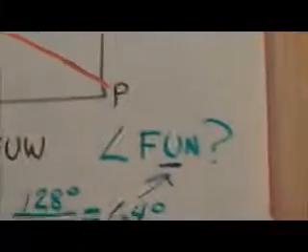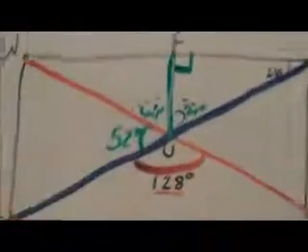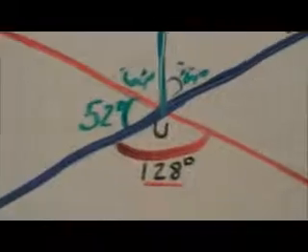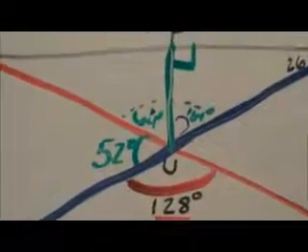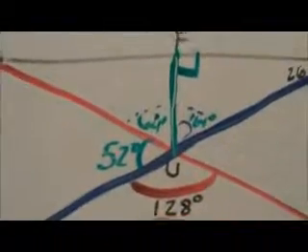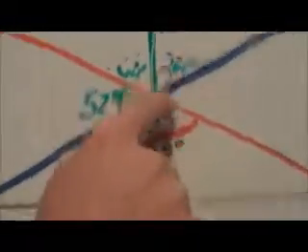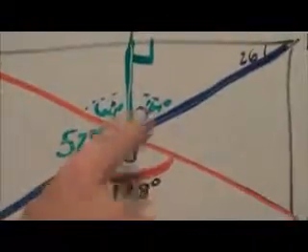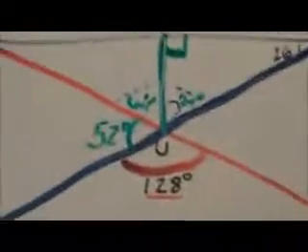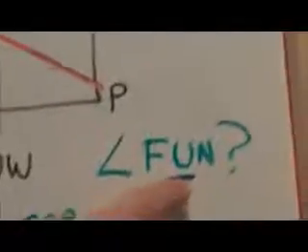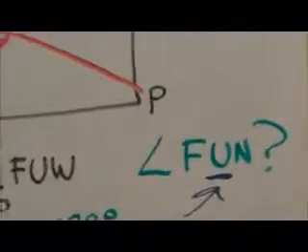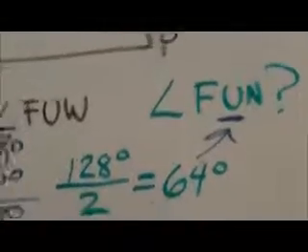Now zoom in on this. This shows me that I'm going to be correct when I want to know my measurement of angle FUN. This U point should be 64 degrees because that's what I was looking for at the very beginning, but this truly will show us if we're correct.